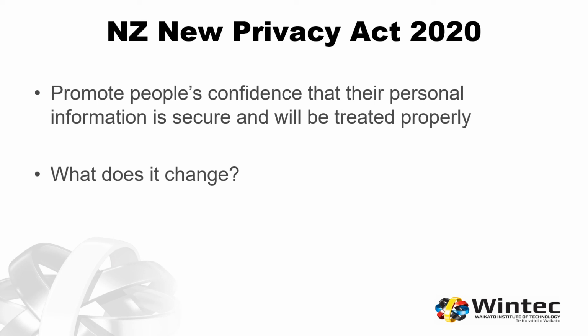There are also strict new rules regarding the movement of data offshore. Under the new rules, agencies are only able to disclose personal information to an overseas person if the data owner authorized the disclosure, the overseas person was in a prescribed country, or the agency believed on reasonable grounds that the overseas person was required to protect the information in a way that overall provides comparable safeguards to those in the Privacy Bill.